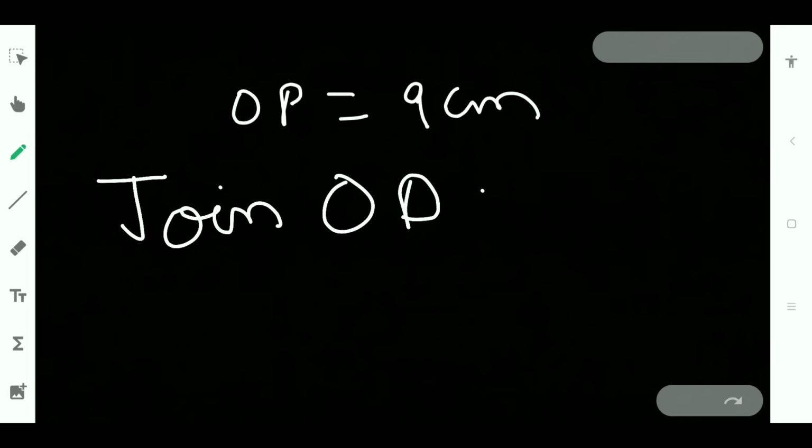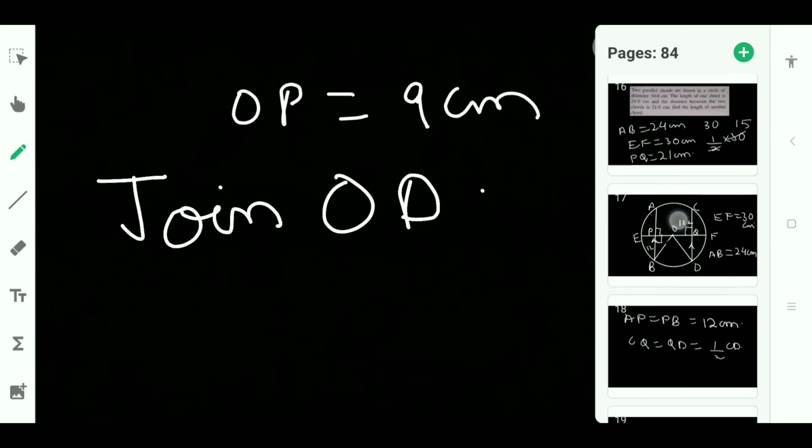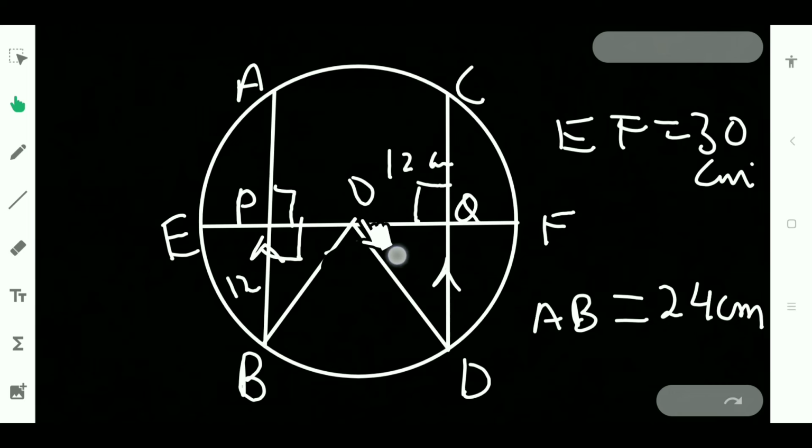This is the construction we have to do over here. You know the length of OB, right? OB is nothing but the radius, that is 15 centimeter. So definitely OD will be 15 centimeter. OD is equal to OB, both are 15 centimeter, and we know OQ is 12 centimeter.